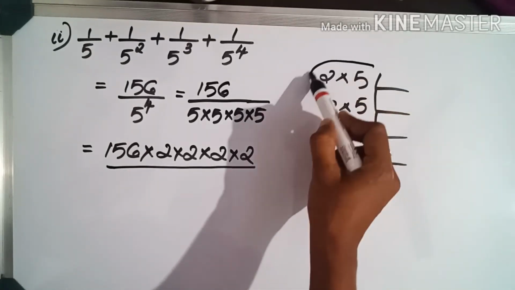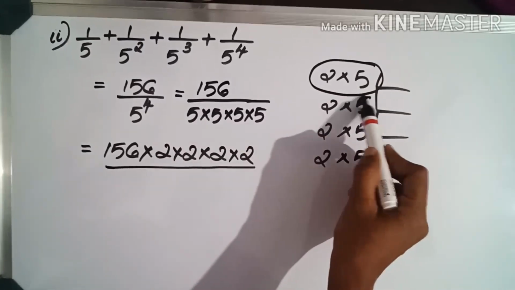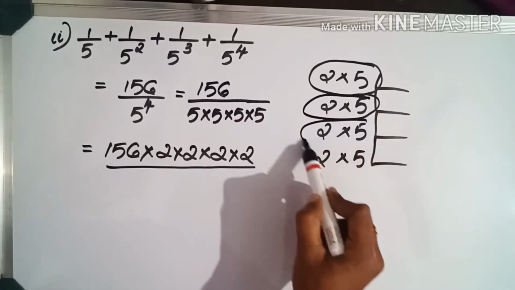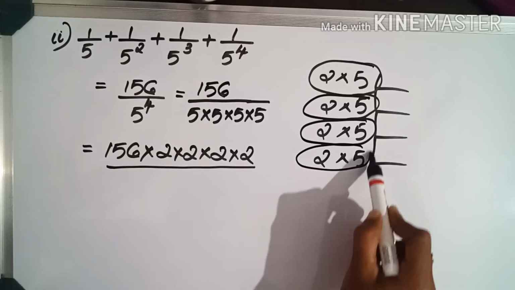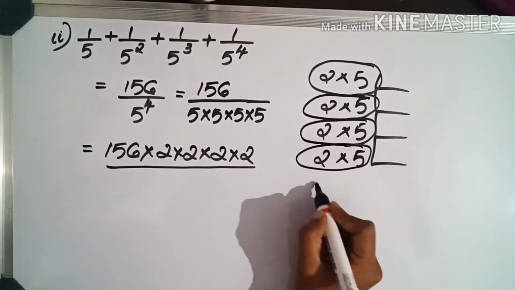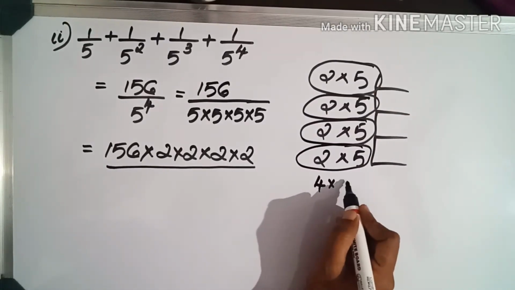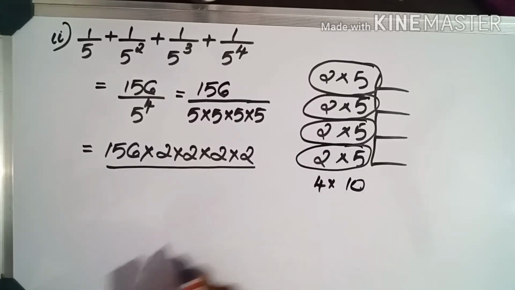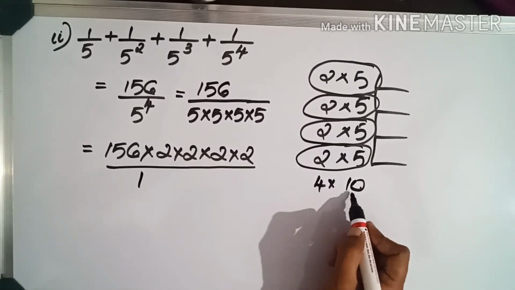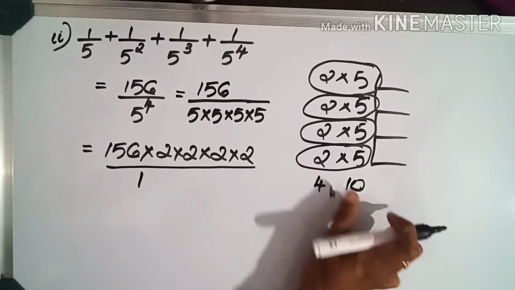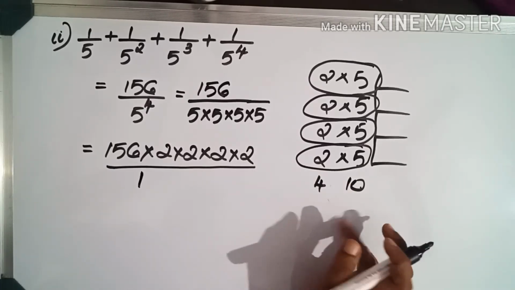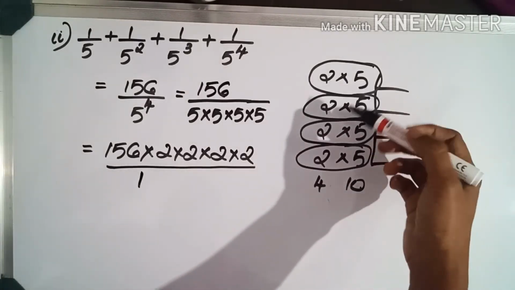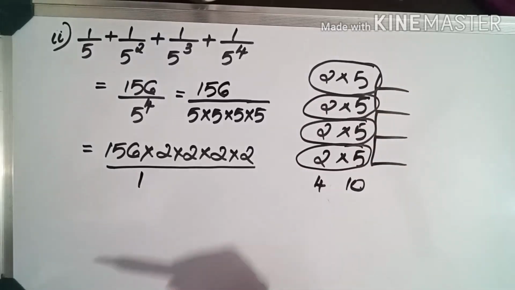One pair is 10, the next pair 10, the next pair 10, so in total we got 4 pairs as a product of 10.